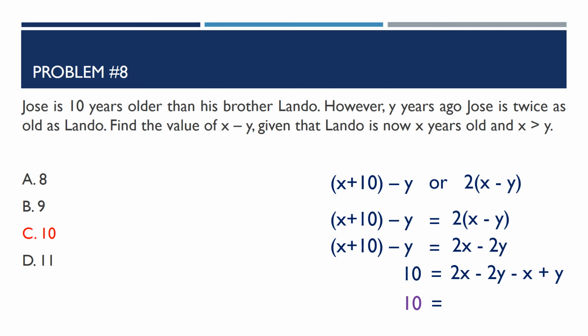So 2x combined with negative x is x, and negative 2y combined with positive y is negative y. So we have 10 is equal to x minus y, or x minus y is equal to 10, and that is what we are looking for. It's asking to find the value of x minus y. So the value of x minus y is 10.